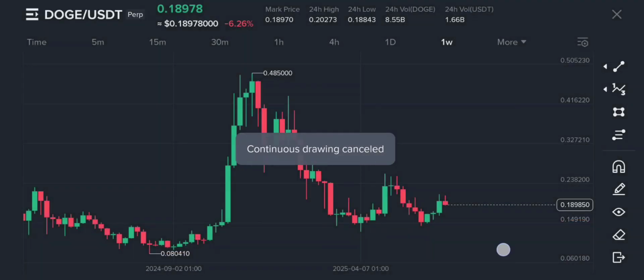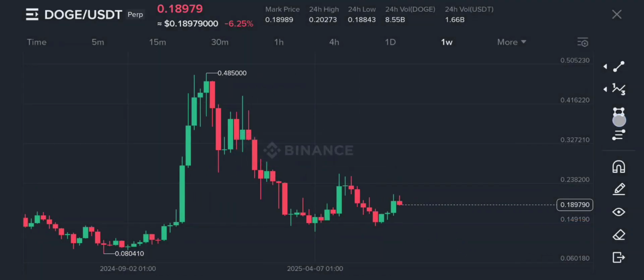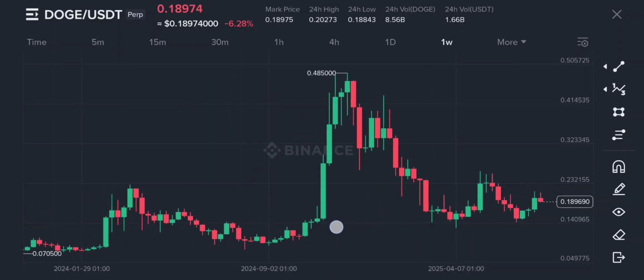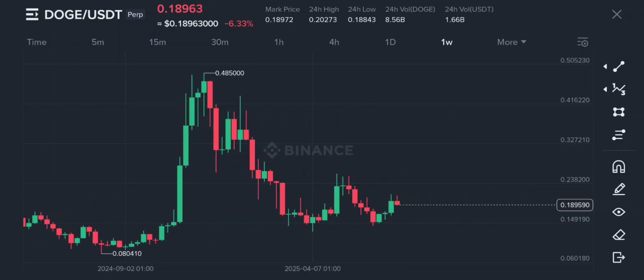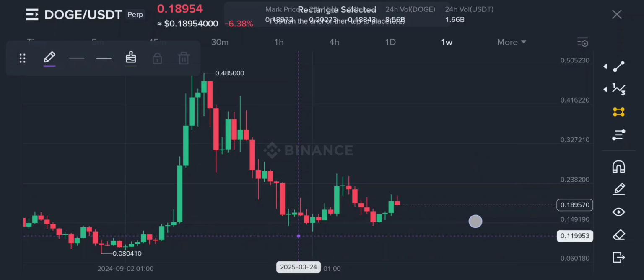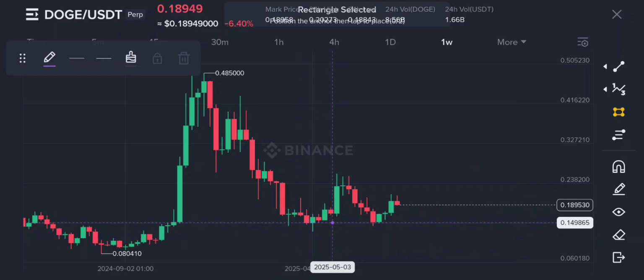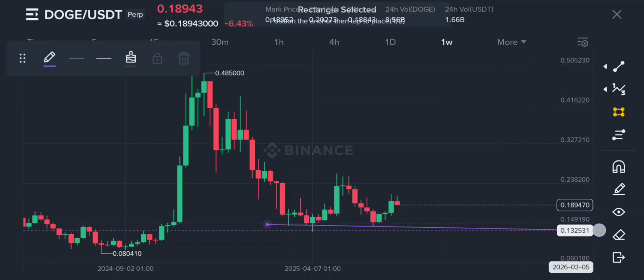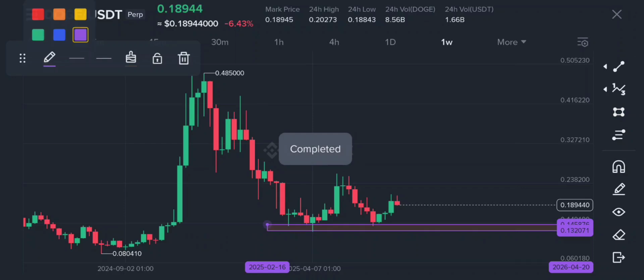So on the weekly on Doge, let me take out my point of interest. When you are marking out your point of interest, ensure that you know the different colors that you are using. For a very strong point of interest, I use red.